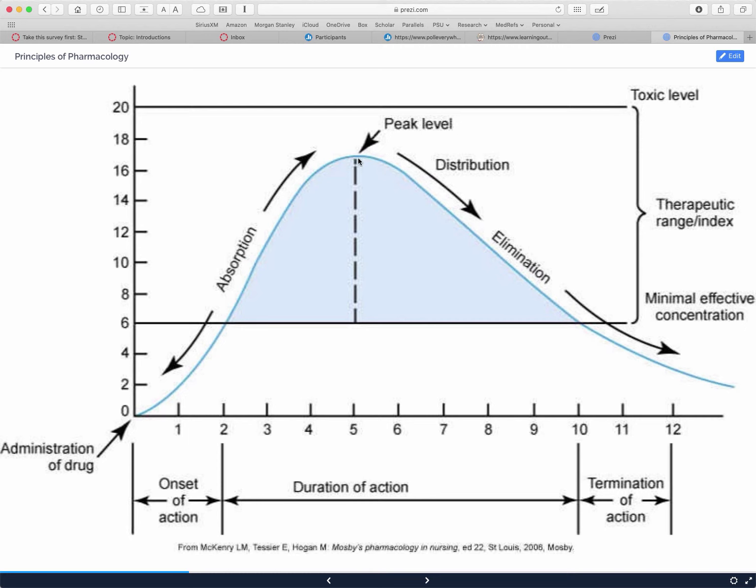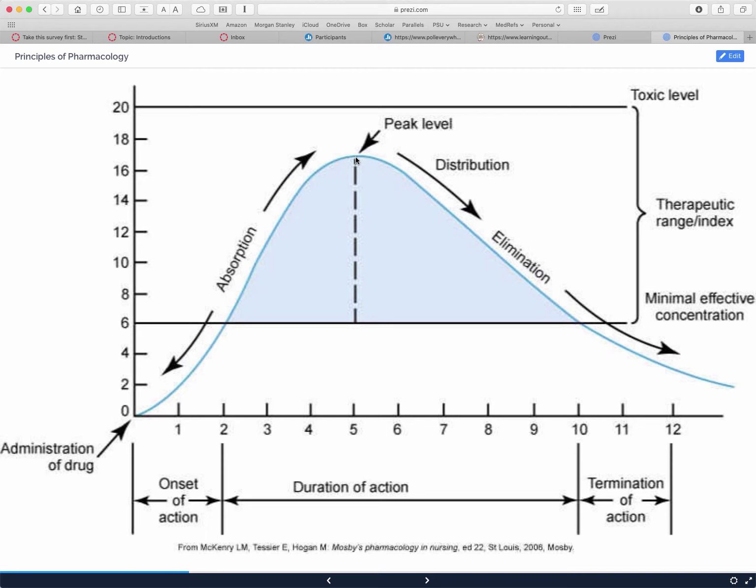The peak level is where you have, theoretically, the greatest concentration of the drug and, well, it's definitely the greatest concentration of the drug, but theoretically, you have the peak effect of the drug at this peak level, right? Because it's the highest blood concentration. So it stands to reason that you should have the peak effect of the drug at the peak level.